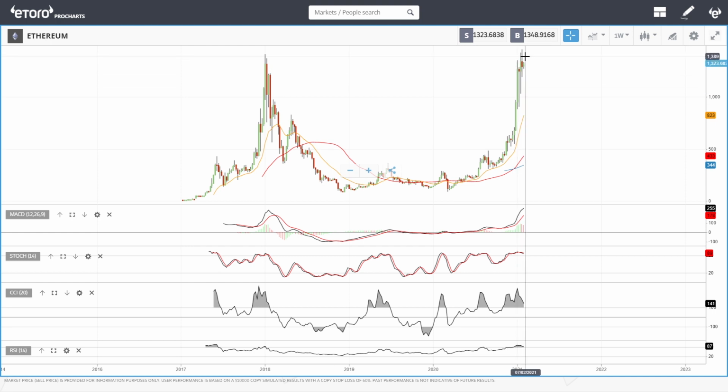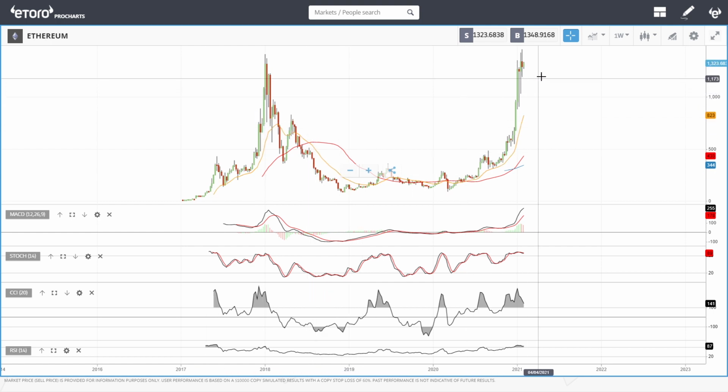So it's going to be interesting whether or not we will fall from here towards a 220 exponential moving average, or if we fall towards 1,000. Most analysts that I have read say that this period is very different than what happened here.